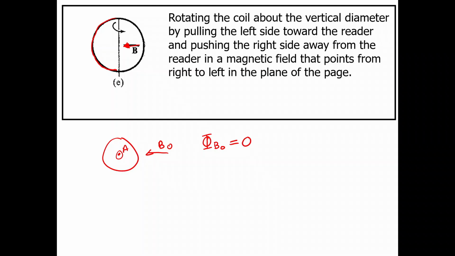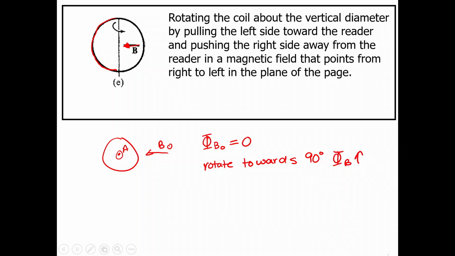As we start rotating that loop, that area and that magnetic field start to become more parallel. So as we rotate towards 90 degrees, our flux is going to increase.